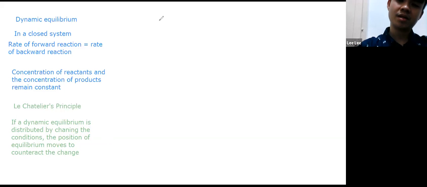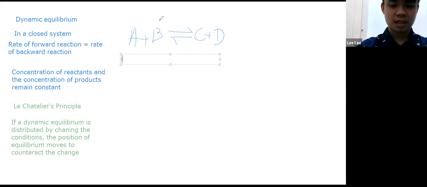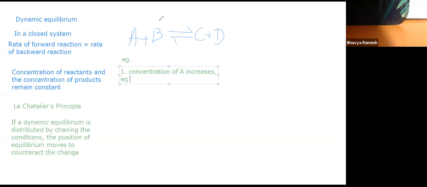Last week we said the arrow shifts to where? Because the reaction must be able to go forward and able to go backward. For example, number one, if the concentration of A increases, equilibrium will shift to where?